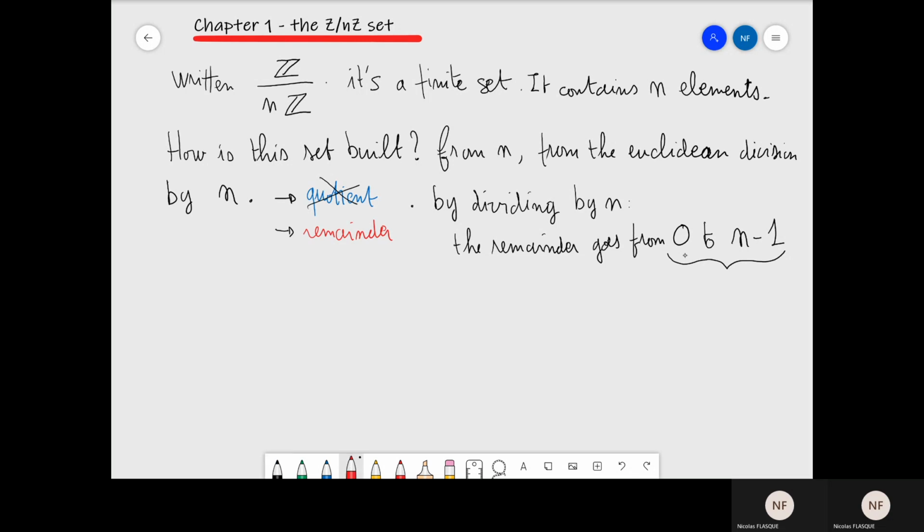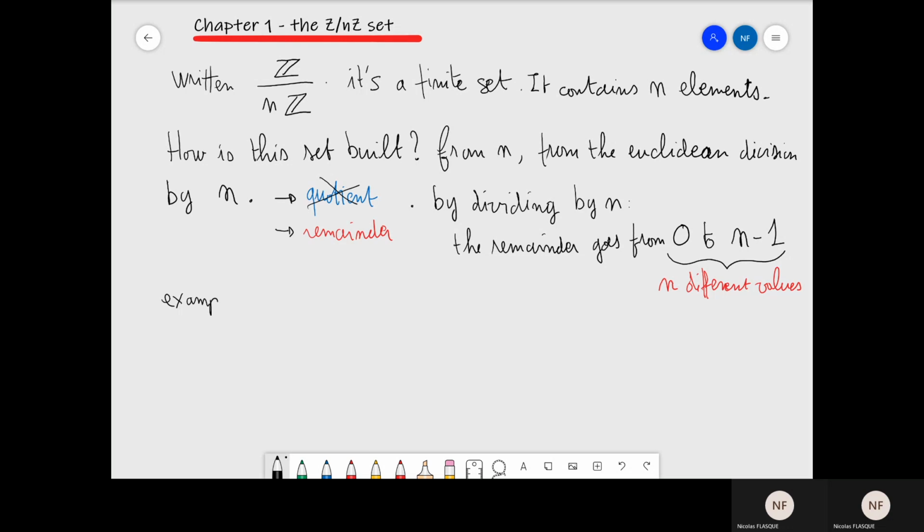And of course, if you count from 0 to n minus 1, you have n possible different values. That has a strong link to the fact that Z over NZ has n elements. So let's take an example to show how this remainder can create or build the Z over NZ set.